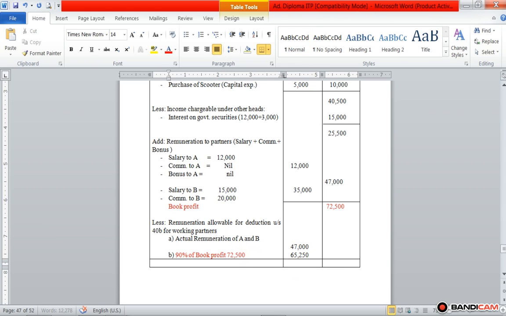So here 47,000 is lower, so deduct this 47,000 from 72,500.